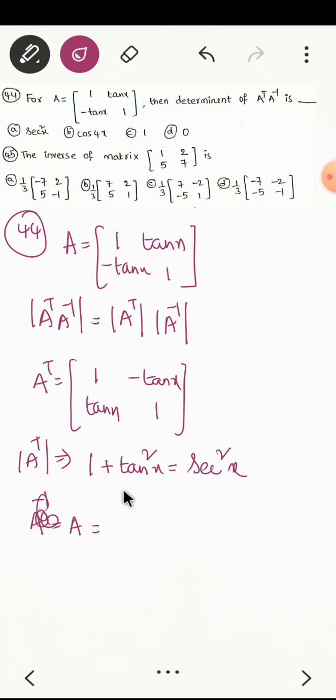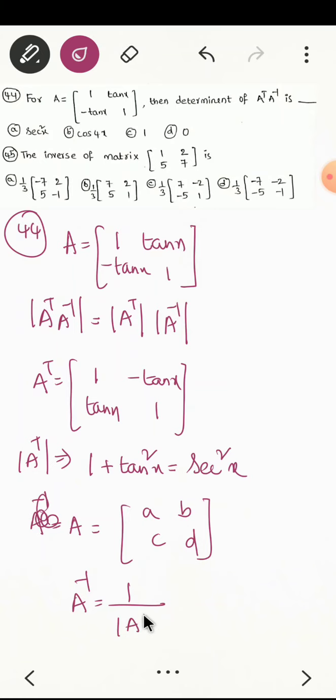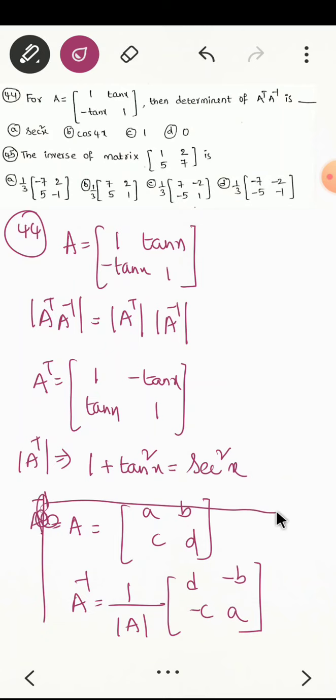If there is some 2 cross 2 matrix A, which is A, B, C, D, then A inverse can be written as 1 divided by det A into the adjoint: interchange the two diagonal elements A and D, and change the sign of B and C, giving minus B and minus C. Remember this formula if you want to find the inverse of a 2 cross 2 matrix.